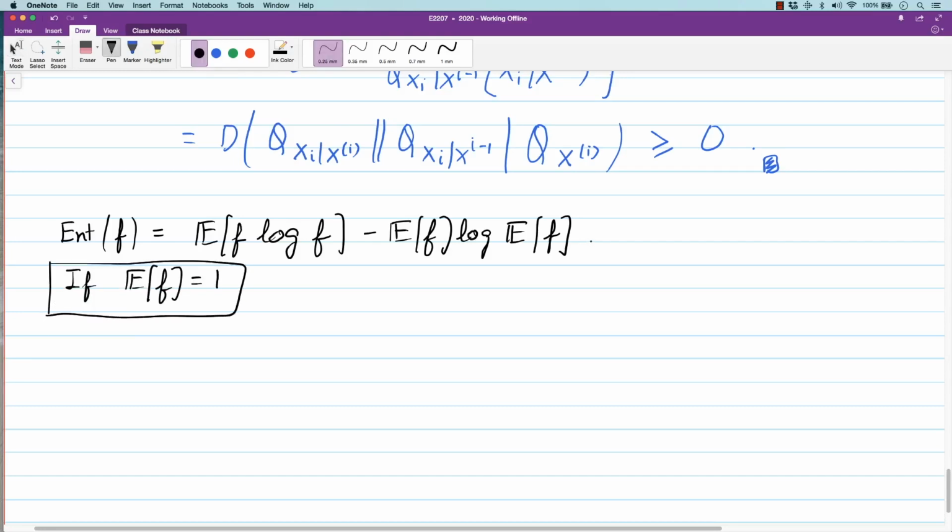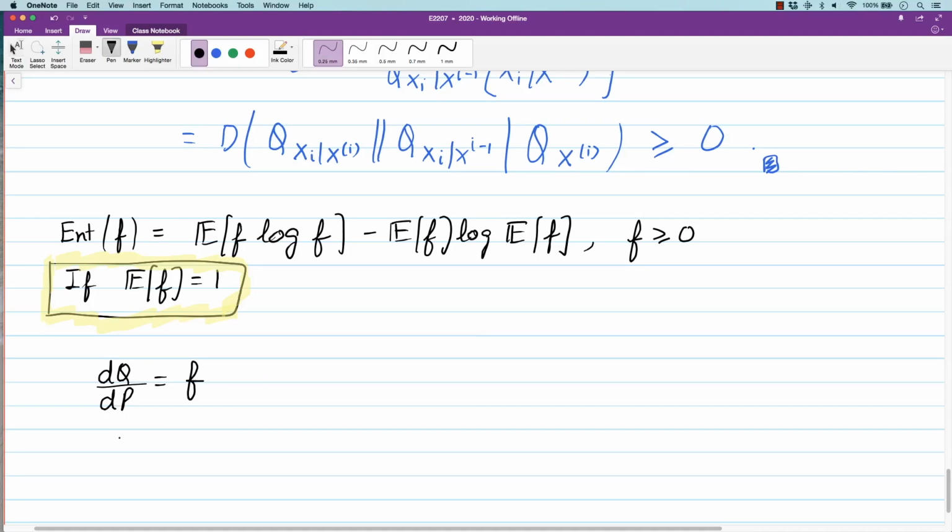By the way, this entropy is defined only for non-negative functions f. Otherwise you have log of a negative function, which doesn't make sense. So this is the definition. For now, let's assume just this part, that expected value of f is 1, and we'll see that this can be removed later. So under this assumption, consider a q which is defined by dq by dp equals f. Just like we had seen earlier that we had e to the power lambda f, now we are defining dq by dp equals f.